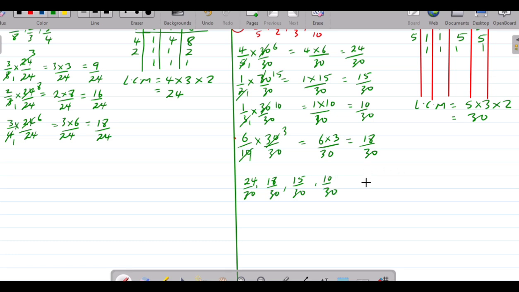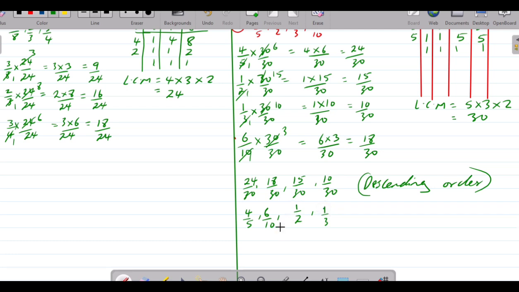So we just arrange this in descending order. Of which you can still re-express this as 4 over 5, comma 6 over 10, comma 1 over 2, comma 1 over 3.